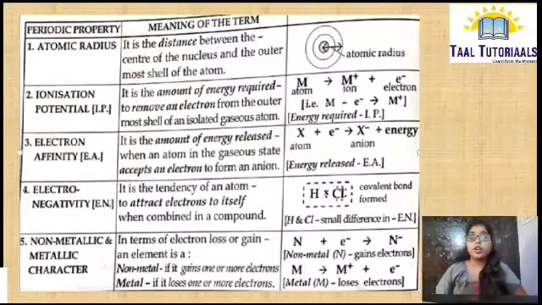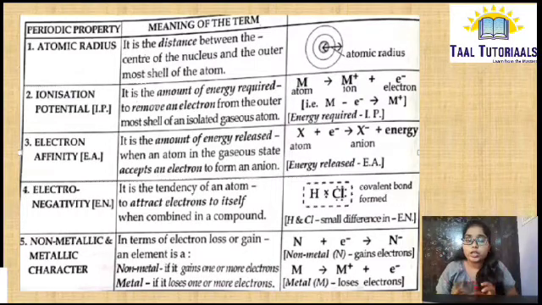Next, electron affinity. It is the amount of energy released when an atom in the gaseous state accepts an electron to form an anion. That is known as electron affinity. Then comes electronegativity.